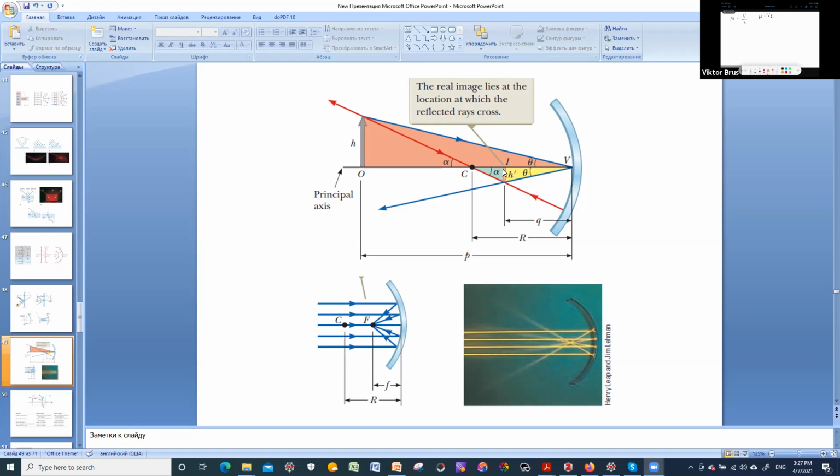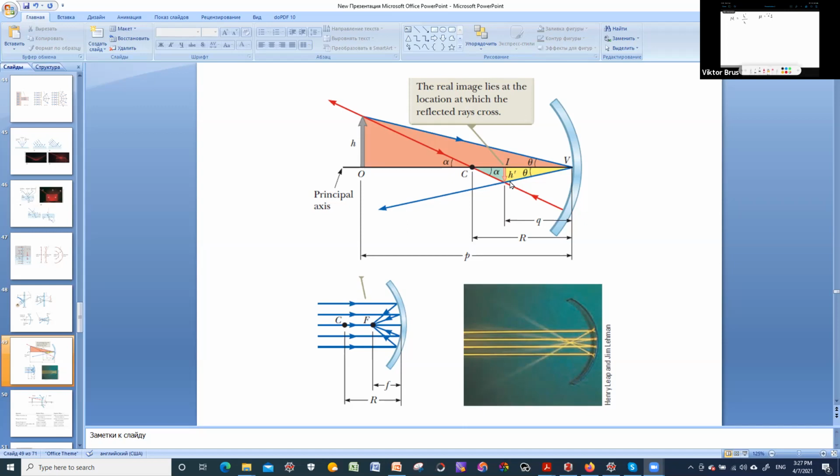So this is the image of the whole object, and this is again a real image because reflected rays are going through the image and diverge from the image.